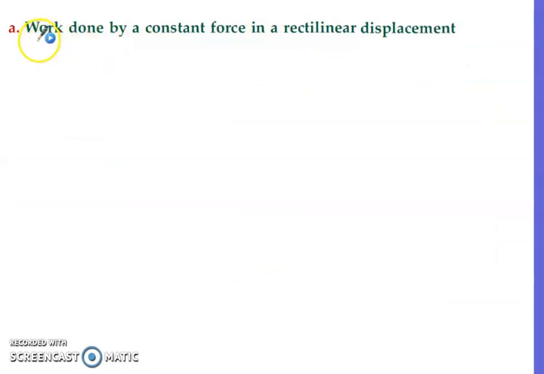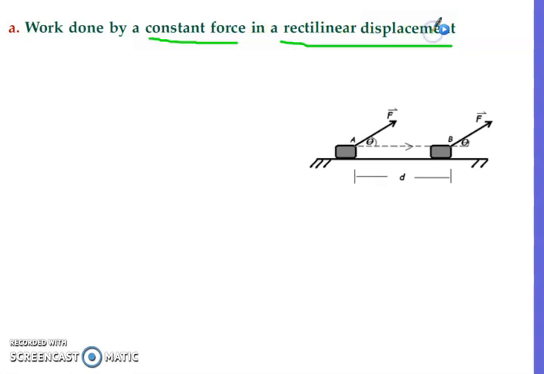So the first point: work done by a constant force in a rectilinear displacement. Here we have a body on a table, say, on any horizontal surface. Now what did we do here? We have applied a force on this body at point A. The body is displaced from A to B, clear, through a distance D. And this is in reality a rectilinear displacement.